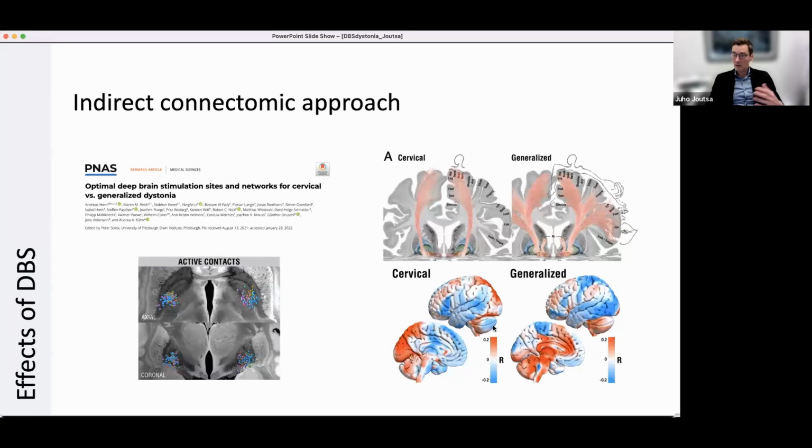And the functional connectivity findings pointed toward the same idea, highlighting also the same regions that were identified based on causal brain lesions to be relevant for cervical dystonia, for example.